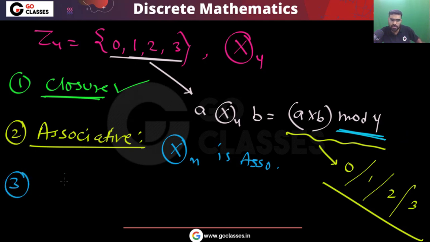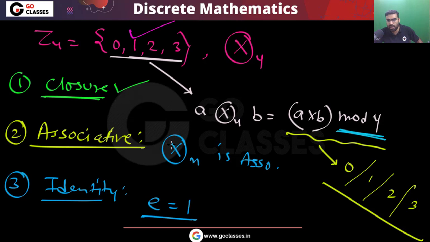Next, what is the identity element? Do we have an identity element? Yes, there is an identity element, that is 1. Because 1 is the identity element for multiplication, similarly 1 is the identity element for multiplication modulo 4. You can easily notice what A multiplication modulo 4, 1 is equal to: first you multiply them, and then you find mod 4.